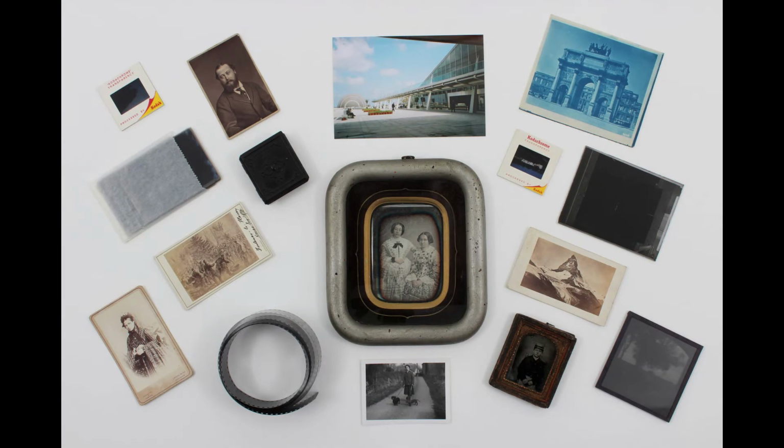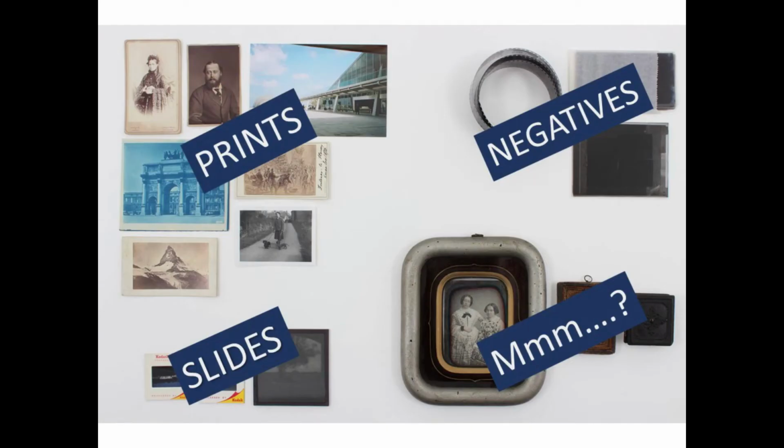The first reaction when you get a collection like this is probably to start thinking in boxes, as I've shown here, where you've divided the collection up into prints, negatives, slides and others, and the others will usually include daguerreotypes, ambrotypes and tintypes. Dealing with prints is sort of comforting because they look familiar and are usually what is addressed first, be it for cataloguing or storage.